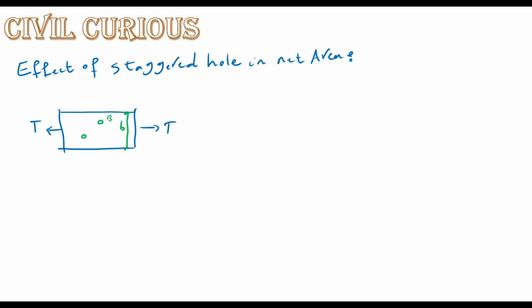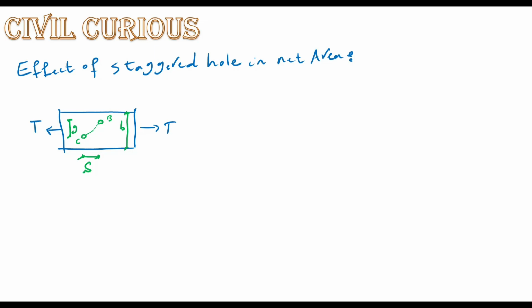These are named B and C, and the distance between the two staggered holes is S, and the vertical distance between these two joints is G, you know.